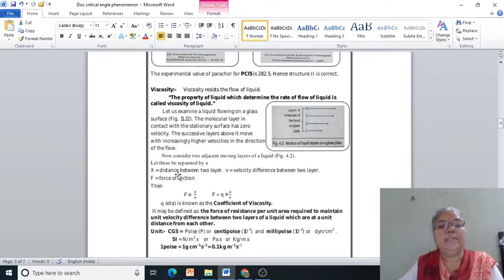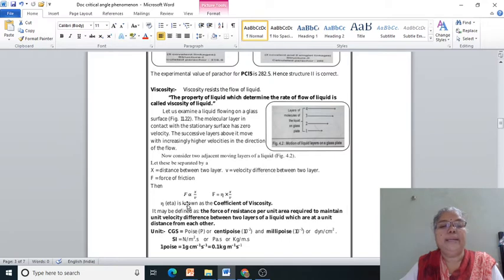Therefore, x is equal to the distance between two layers, and suppose phi is the velocity difference between the two layers, and let F be the force of friction. Then the force of friction between the two liquid layers is directly proportional to the distance of separation and inversely proportional to the velocity difference between the two liquid layers. And this equation we can write as F is equal to neta into x upon phi.